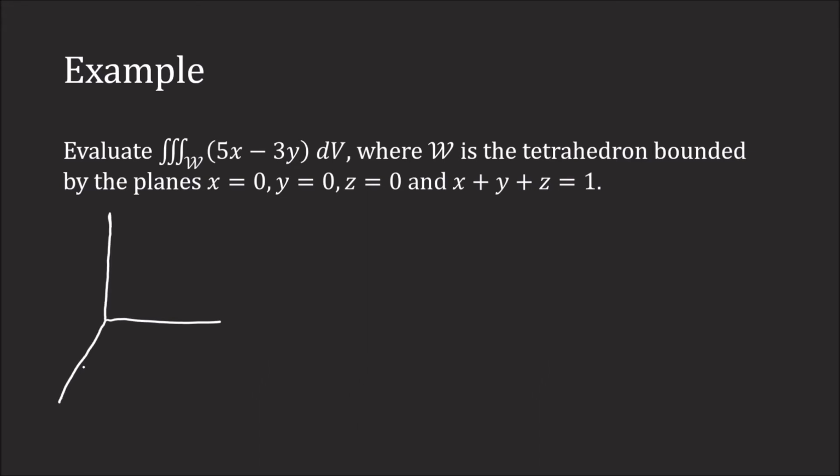So let's say this here is 1, 0, 0. Let's say this here is 0, 1, 0, and this up here will be 0, 0, 1. Then this right in here is our domain of integration.